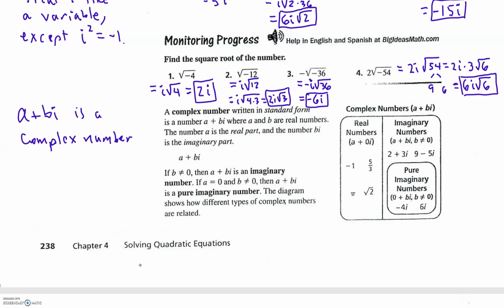a and b are real. i is the square root of negative 1.